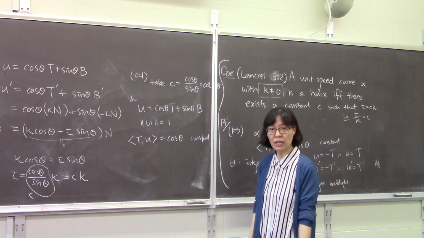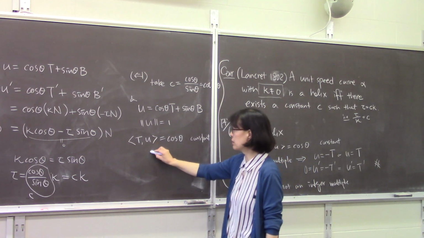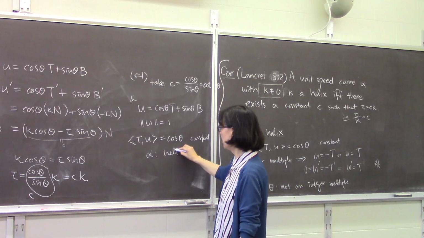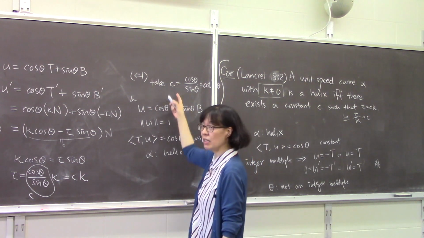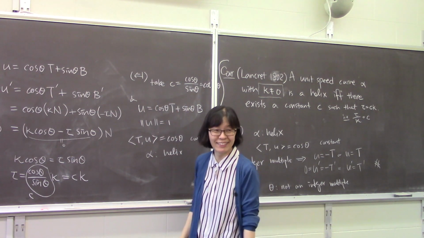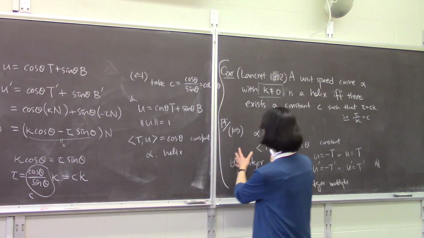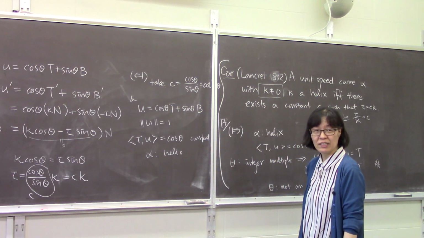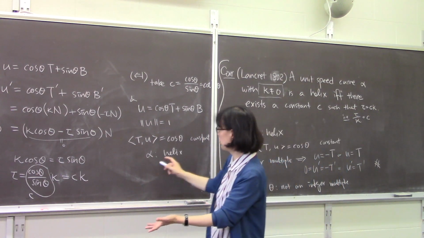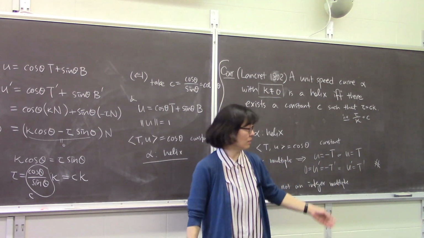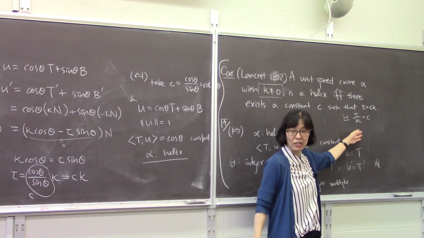So this shows alpha is a helix. So we actually go backwards. We choose the constant c to make that happen. In fact, this proof shows how we get the helix using these relations, using this ratio.